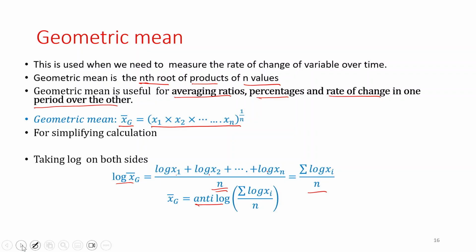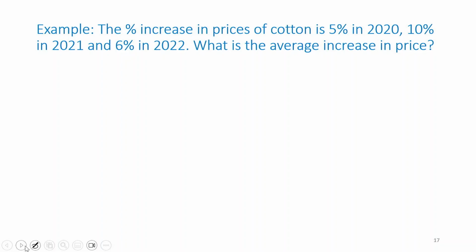Now, if we take an example of this, let us say the percentage increase in price of cotton is 5% in 2020, 10% in 2021, and 6% in 2022. So these are the percentage increases in cotton price. So what is the average increase in price?